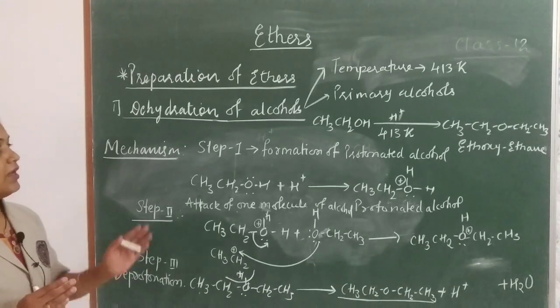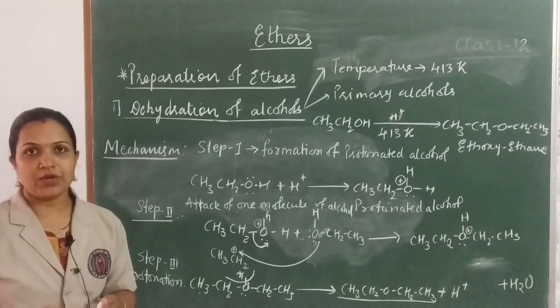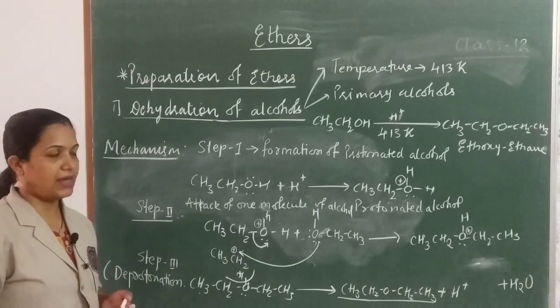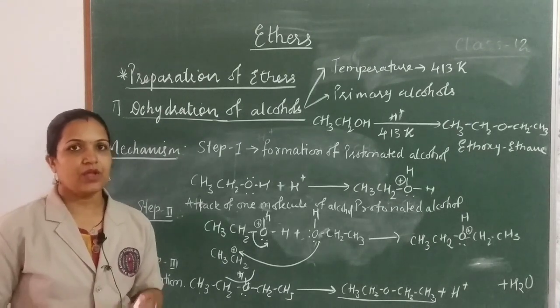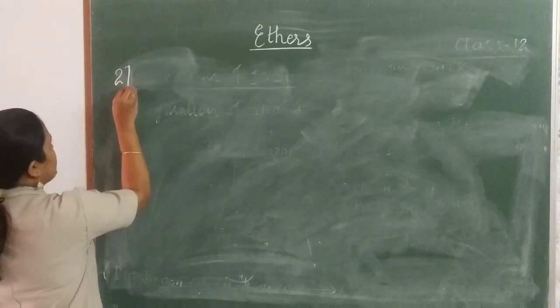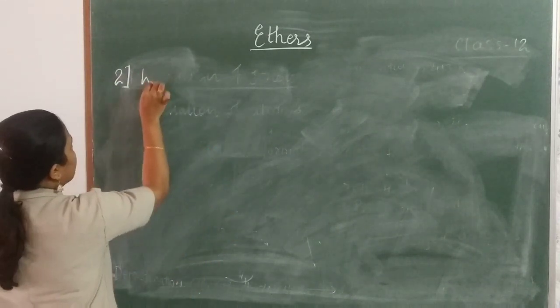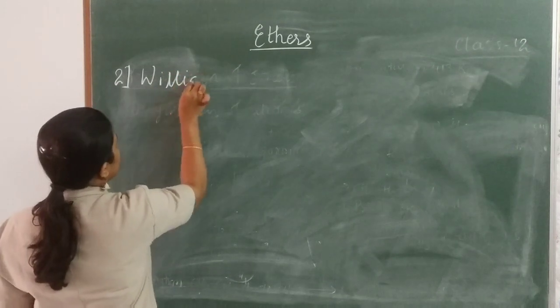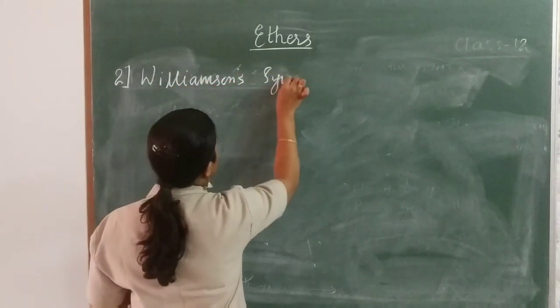So student, I hope whatever we have studied in today's class you understood, and you will practice this mechanism. Again, I'll say this is one of the important mechanisms. Okay student, let us start with the second method of preparation of ethers, and the second method is Williamson's synthesis.